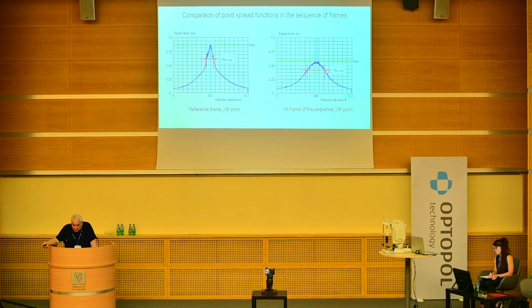So, to get the information, you can measure the change of coordinates, or the change of the width of the point spread function in each point. So, having two sources of information, position and width of the point spread function.